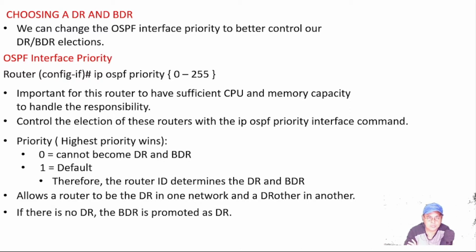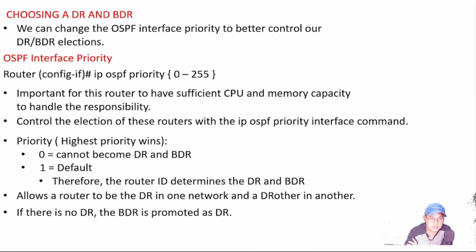We should also remember that the highest priority wins. Therefore, if you want the router to be the DR, we should assign the highest priority ID, which is 255. And if you want that router not to become DR or BDR, you have to assign a priority number 0.